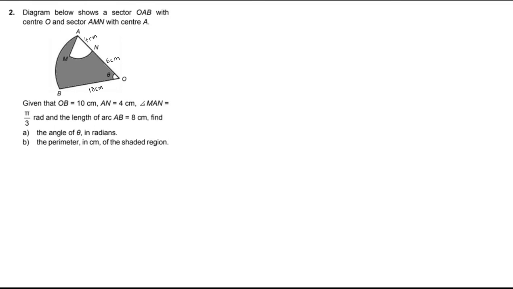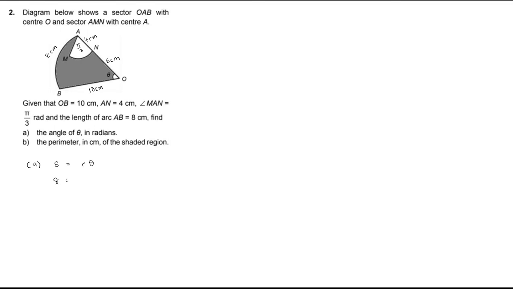Angle MAN is pi over 3 radian, and the length of arc AB is 8 cm. Find the angle theta in radians. We know the radius and the arc length, so we can use the formula S equals r theta.